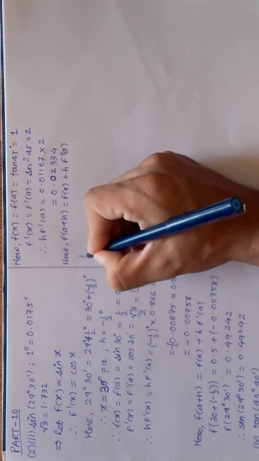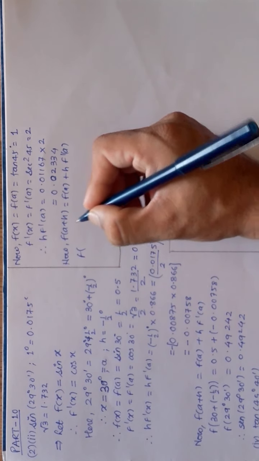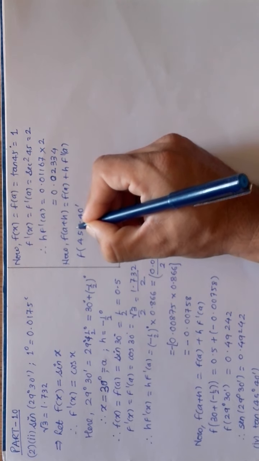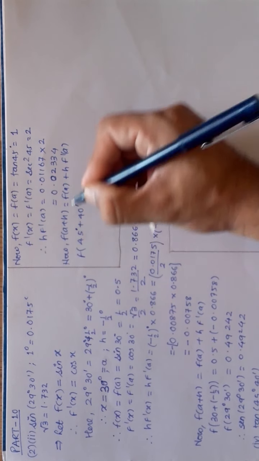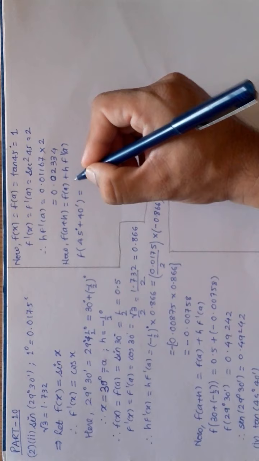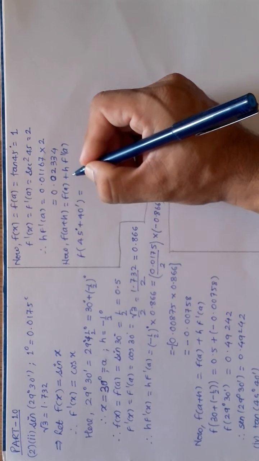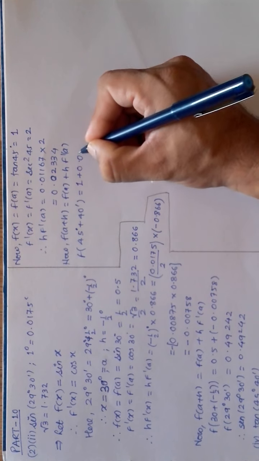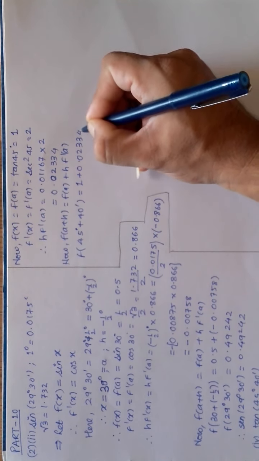So here function of a plus h is 45 degree and 40 minutes, equal to function of a, already found out to be 1, plus h into f dash a, found out as 0.02334.